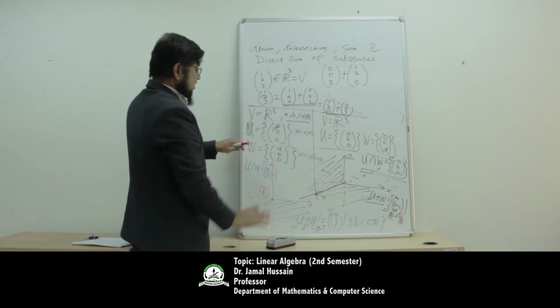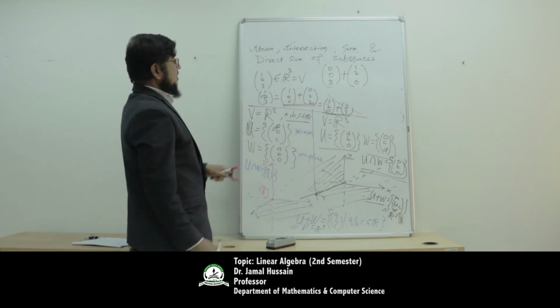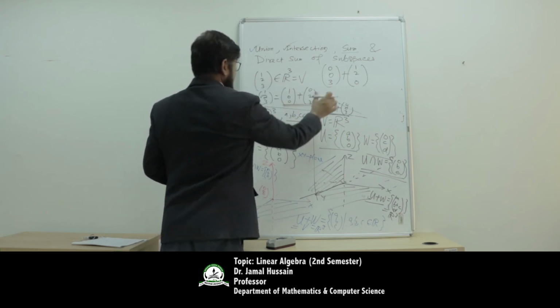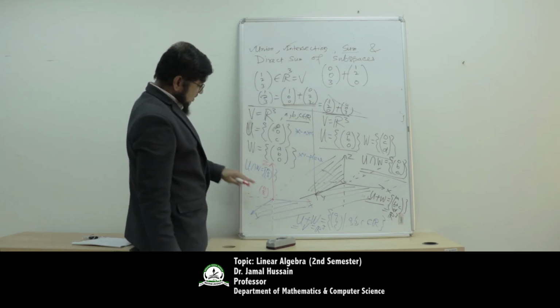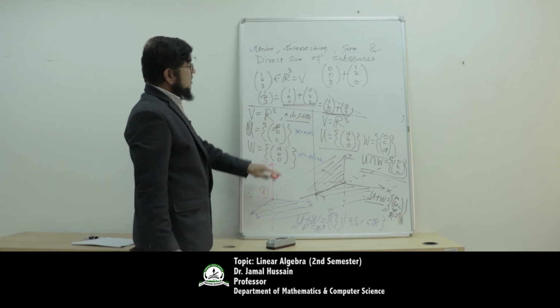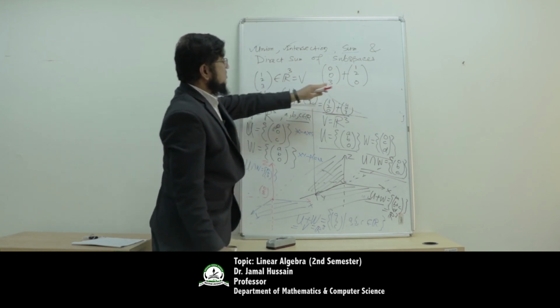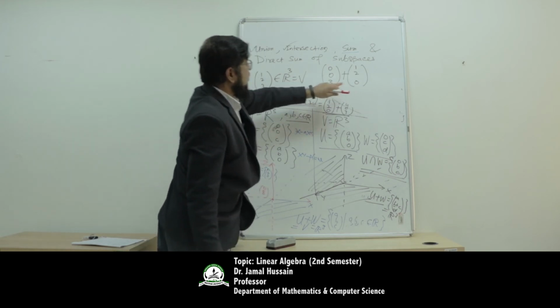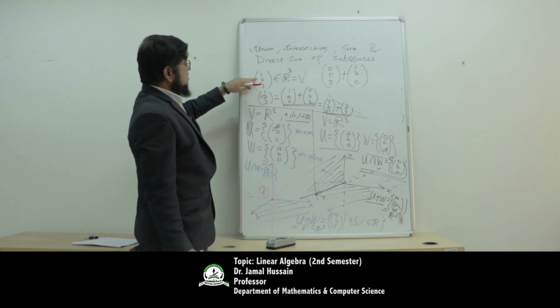There is no other option. So writing of any vector in this particular example where they intersect only at one point is unique.